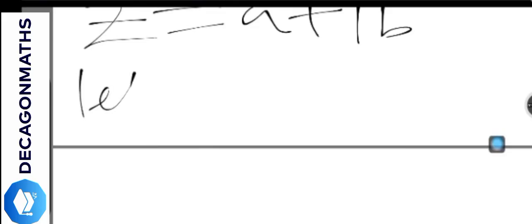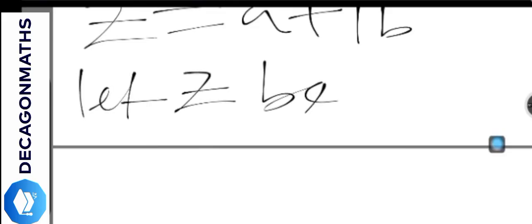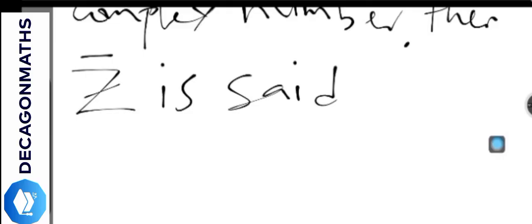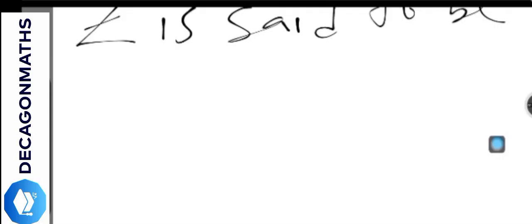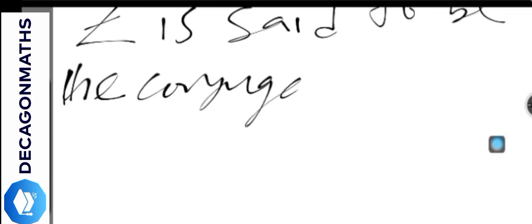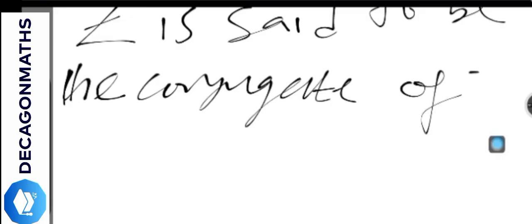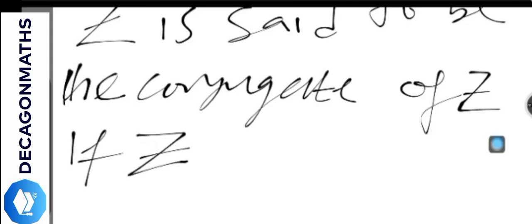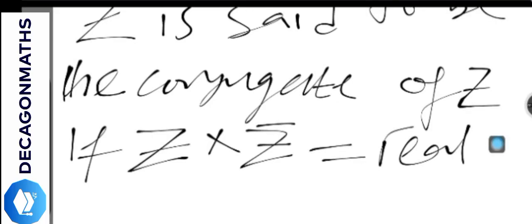Let z be a complex number, then z bar is said to be the conjugate of z if z multiplied by z bar is equal to a real number.